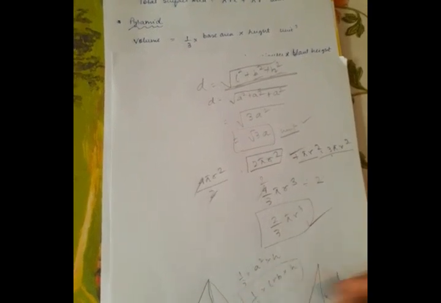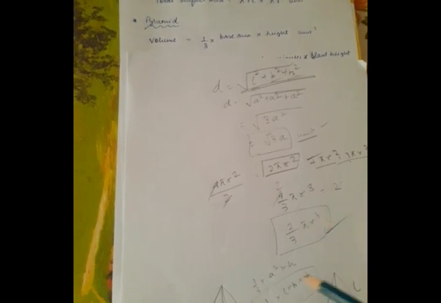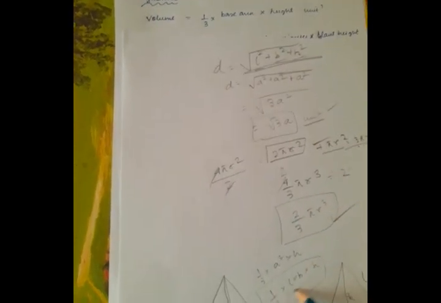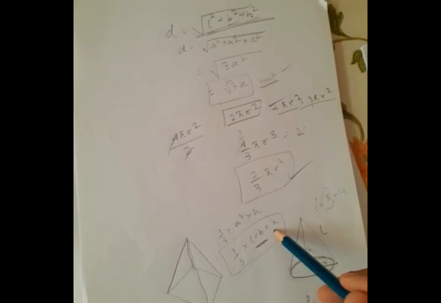Okay, so simple. If you take a look, it's quite similar to the cone. Cone has 1 by 3 into pi r square h. We take the value of pi because it is a curvilinear figure, and for a curvilinear figure pi is compulsory. And here also length into breadth and height.